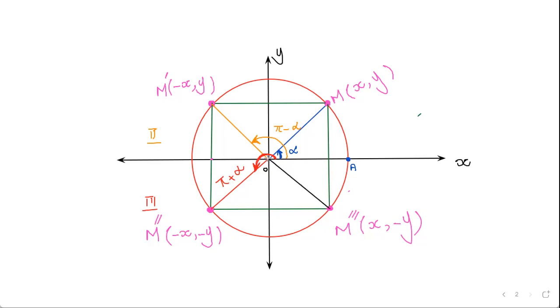Now, let's build the last angle, which connects me to this point, M triple prime. OA, again, is the fixed arm.